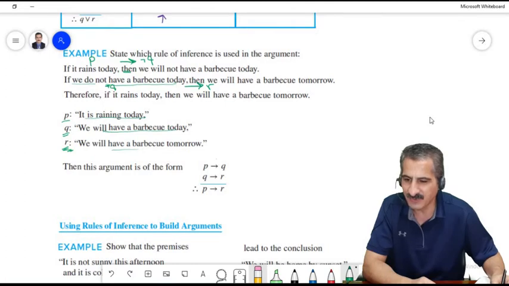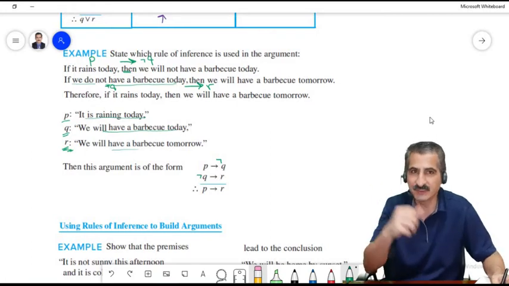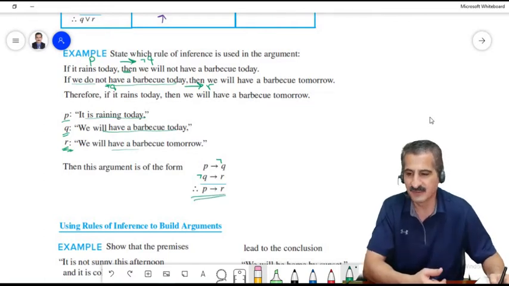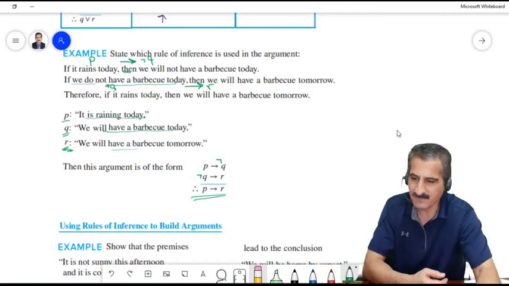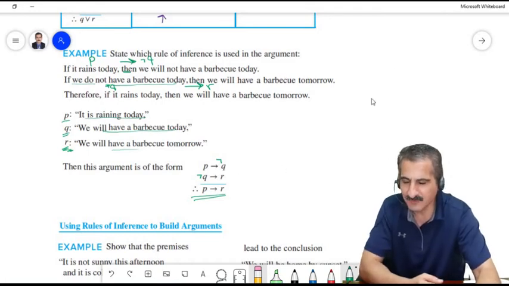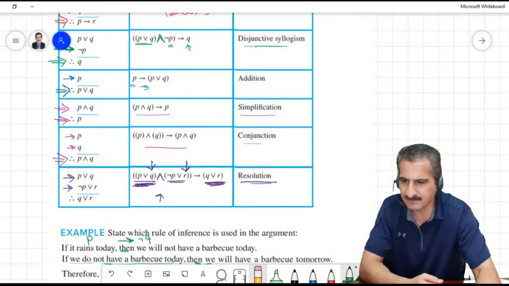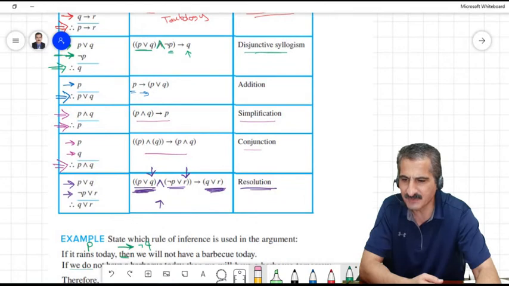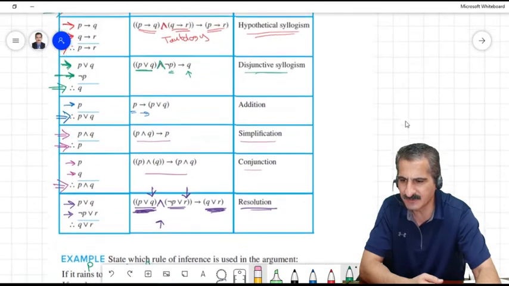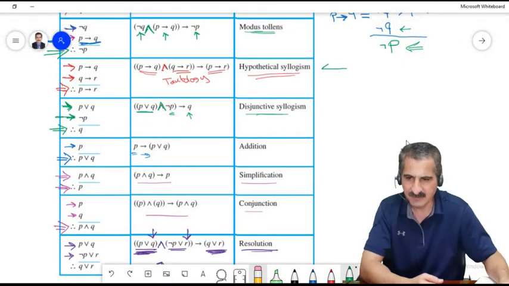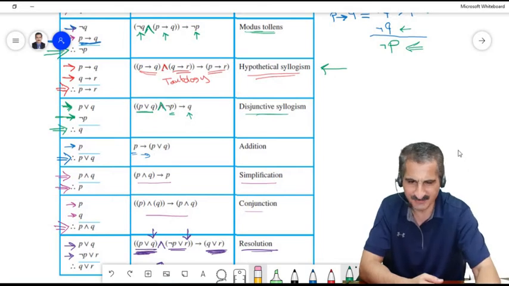So we have P gives not Q, and we got not Q gives R, so P gives not Q, and not Q gives R, but we have P in hand, so that will mean P gives R. So this is the rule of inference here, which is called, what was it called? Let's go where it is. The hypothetical syllogism. Okay.